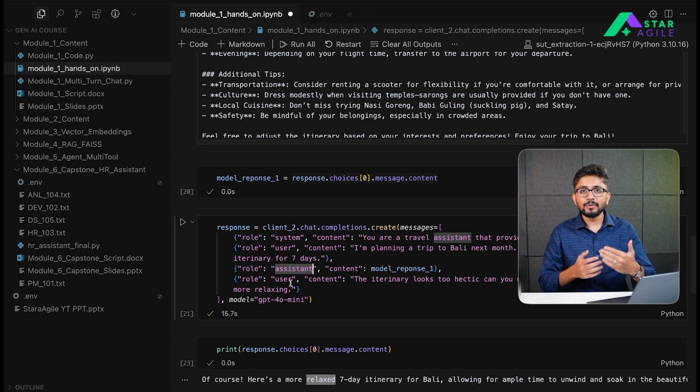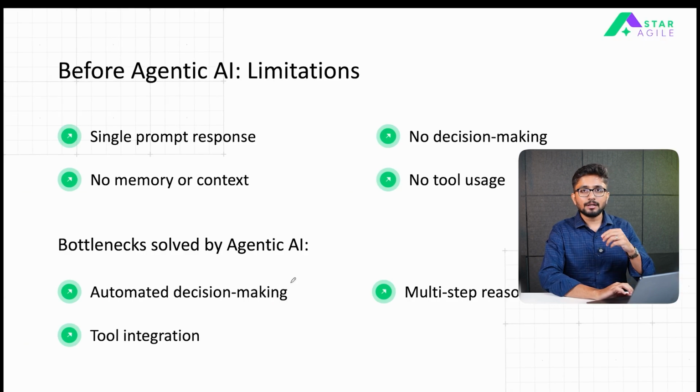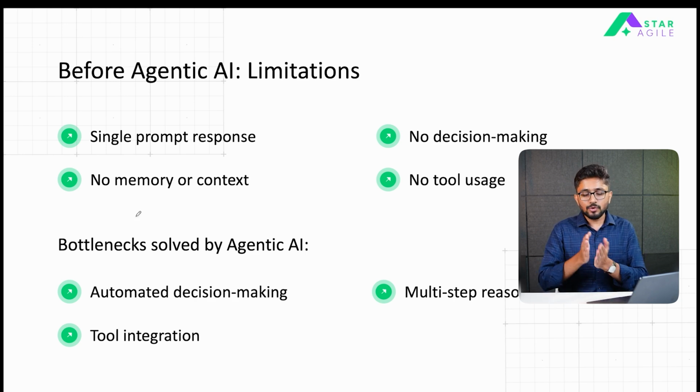So here we are manually keeping the chat interaction history and taking care of the management ourselves, right? That is the manual effort you had to put in before Agentic AI was introduced. So there is no concept of memory or context, so you had to pass everything manually, and there was no automated tool usage in place.